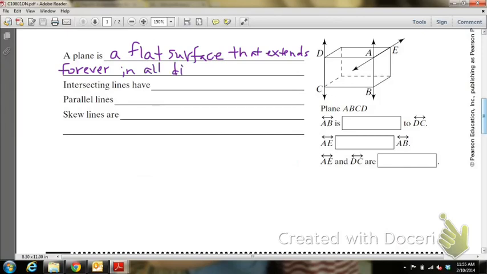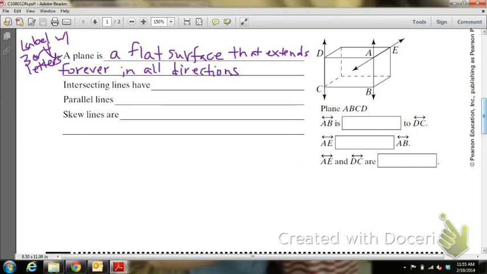We can't show that, so you just have to remember that a plane goes on forever. And you're going to label it with 3 or 4 letters. You really only need 3.